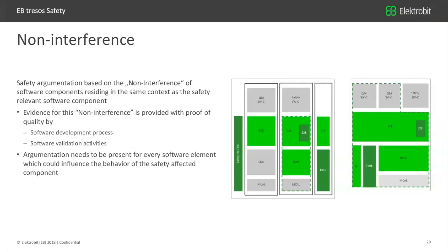This argumentation is actually just focusing on freedom from interference for memory, or non-interference for memory, to actually make the timing domain and the data domain safe, right? You still would use an end-to-end protection module or the Time E module to do your timing supervision.